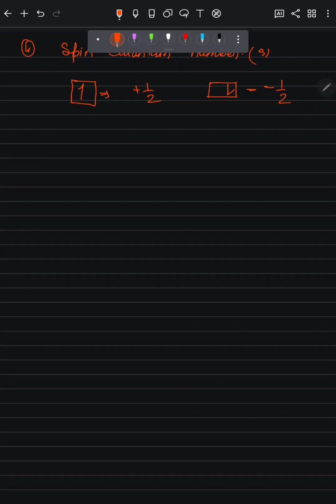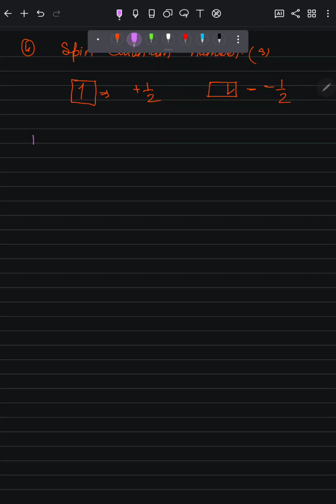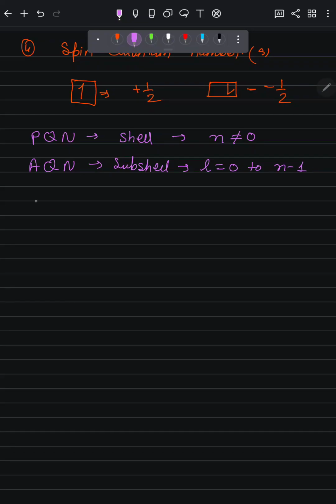So to summarize these quantum numbers, the principal quantum number tells us about the shell, and n is not equal to 0. The azimuthal quantum number tells us about the subshell, and the values of L can be 0 to n minus 1.